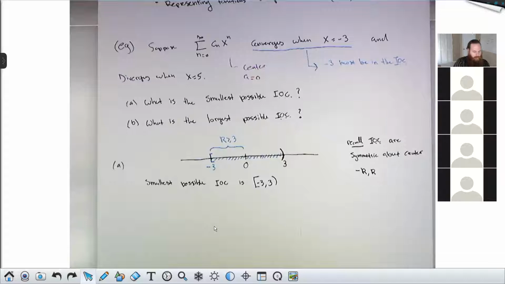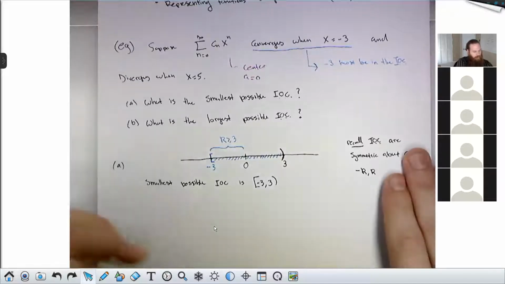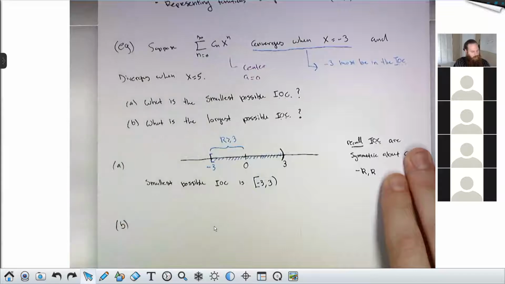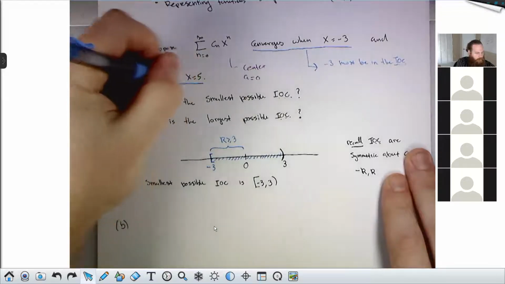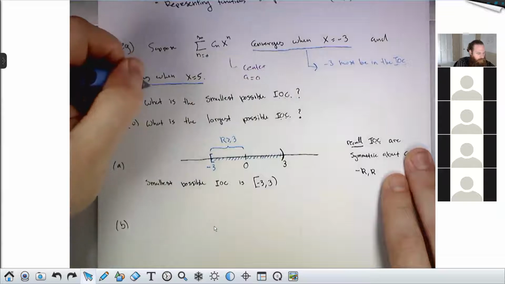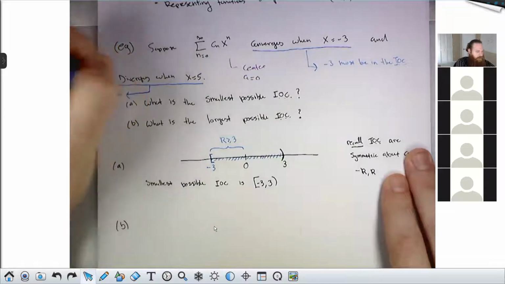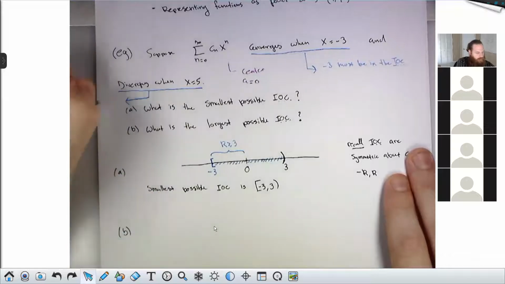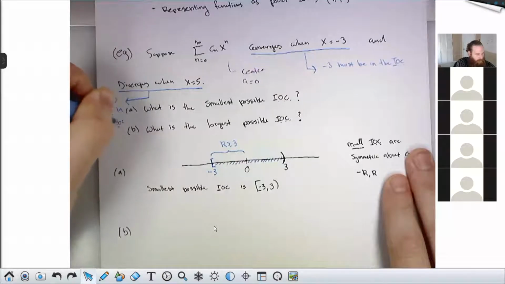For part B, I want to do the same sort of thing. Now I know here that if you plug in x equals 5, the series diverges, which means 5 is not in the IOC.